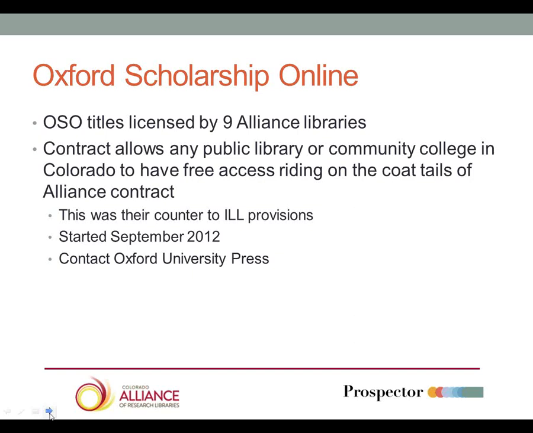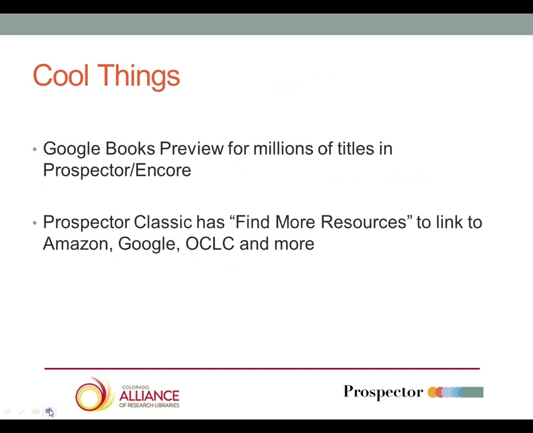So if a public library would like in on this deal, for example, if you're interested in this in your public library, you can contact Oxford, and then they will, as I understand it, get your IP address, and that allows access within a certain IP range for you. So you need to contact Oxford directly to have this happen.